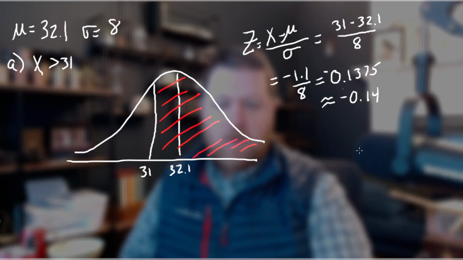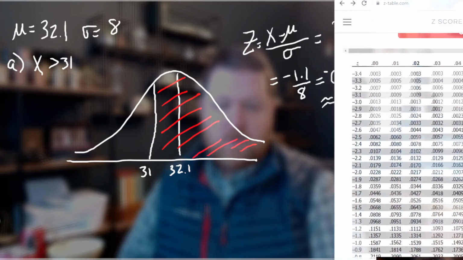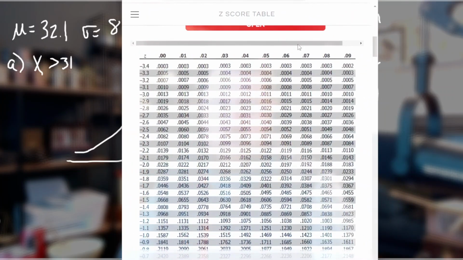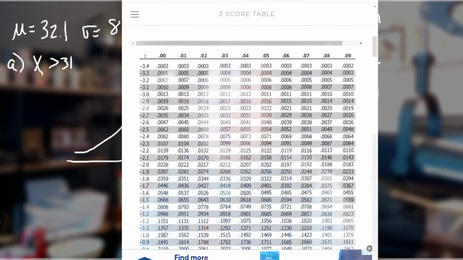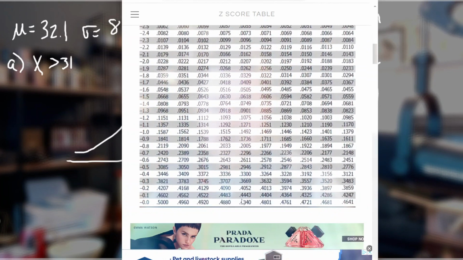Okay? Fantastic. Now let's go grab our z-score table. Let's go look at it over here. And we need to find negative 0.14. So we'll come down here and go negative 0.1. And then we'll find the 4th column, which is here. And so the area to the left is 0.4443. Again, 0.4443.